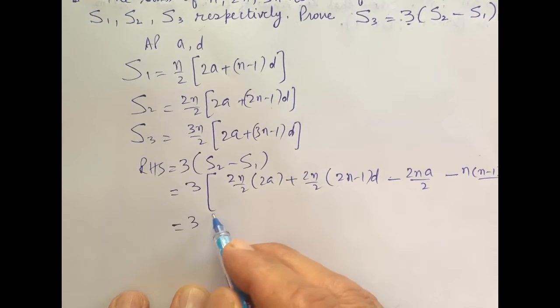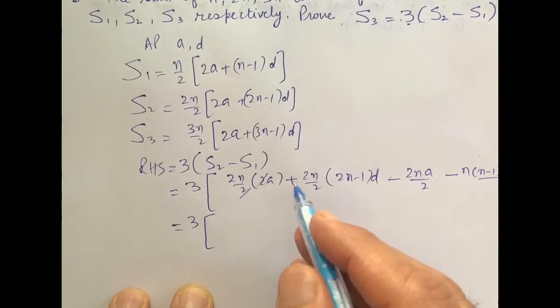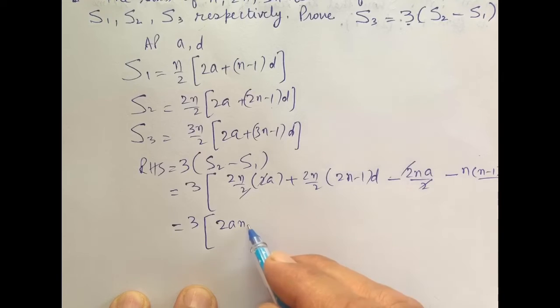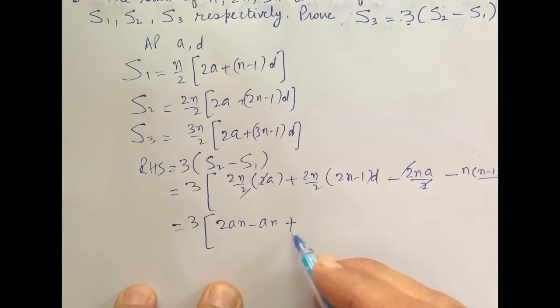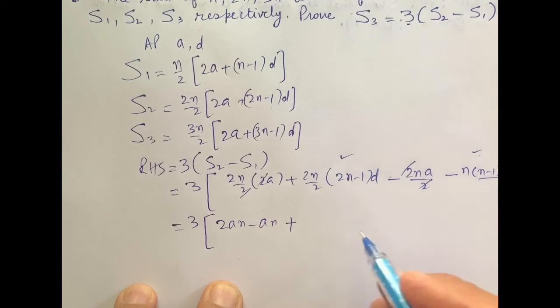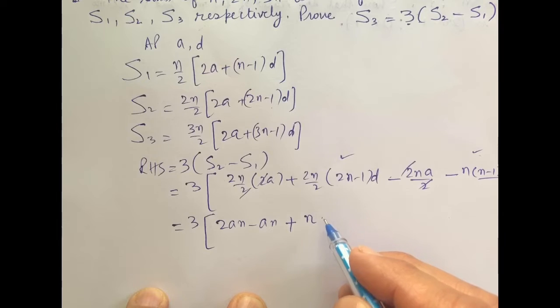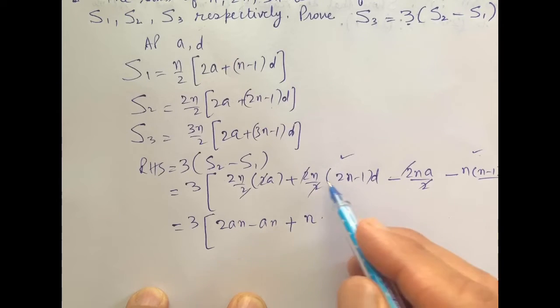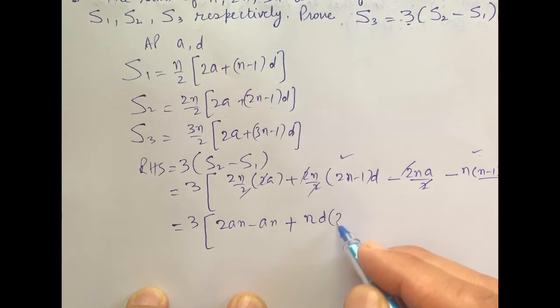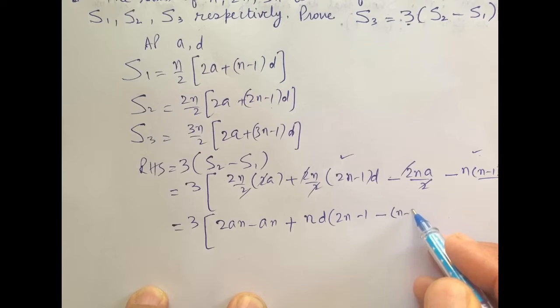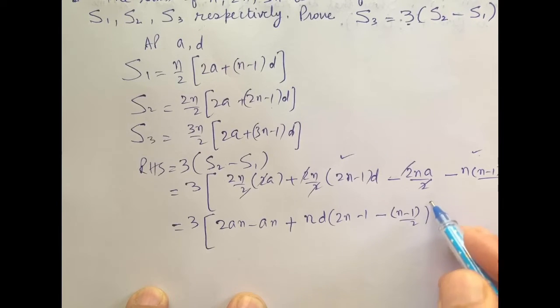This 2 will cancel out, so this is 2an minus an, and from this and this we take n common, it's n into d common, so (2n minus 1) minus (n minus 1) by 2.